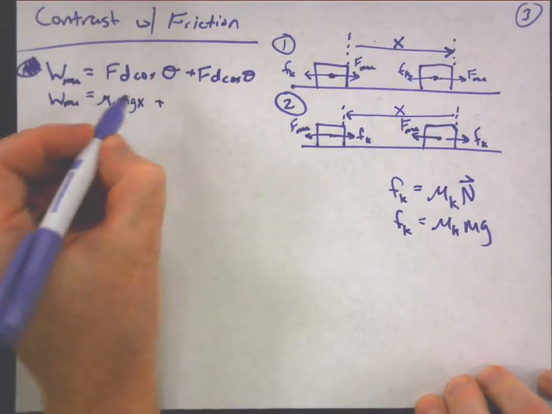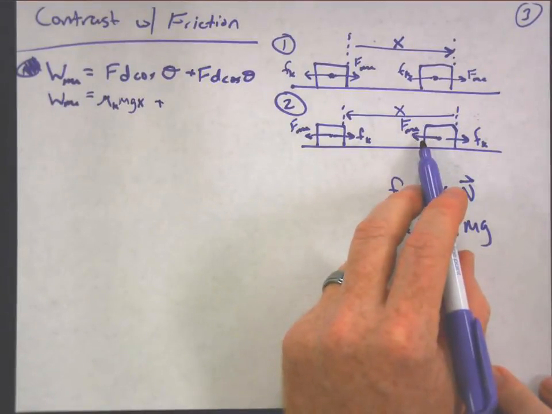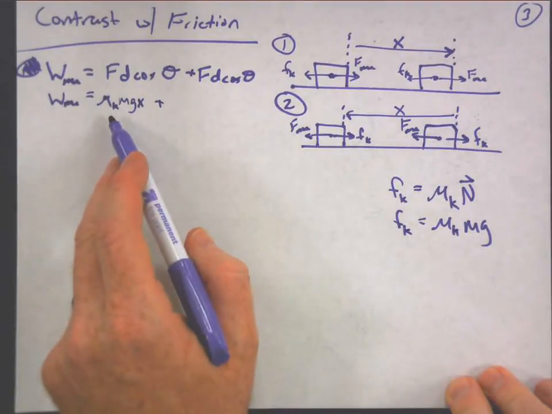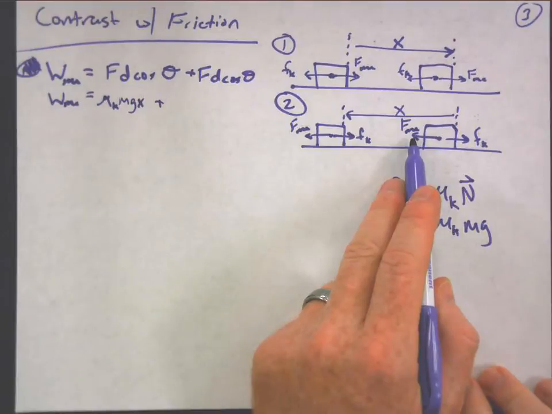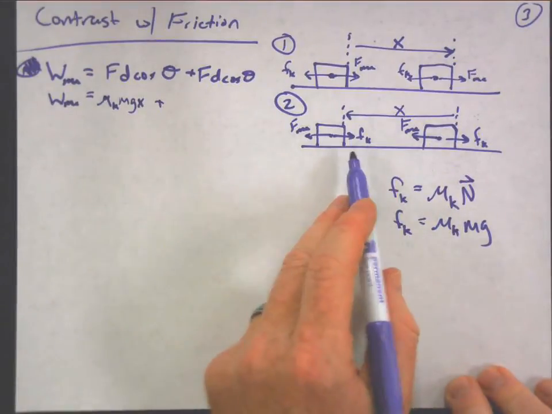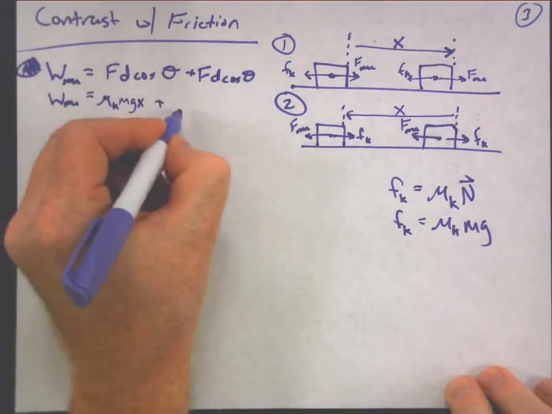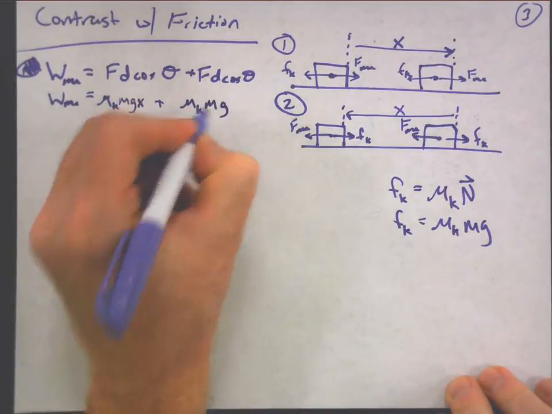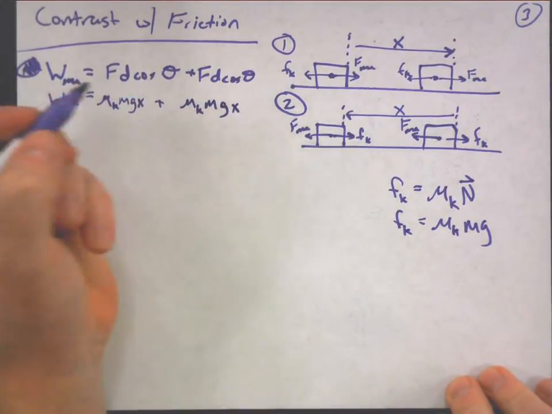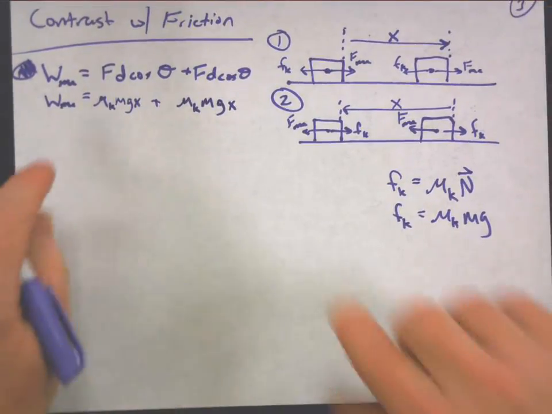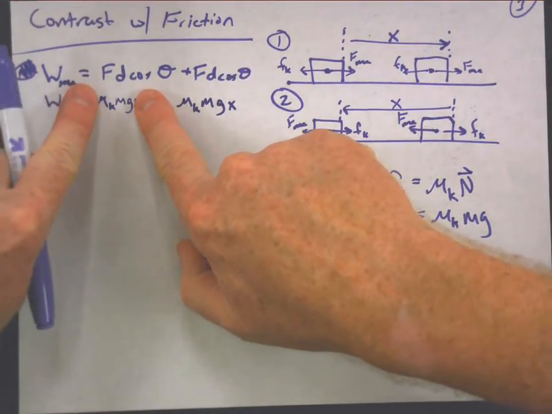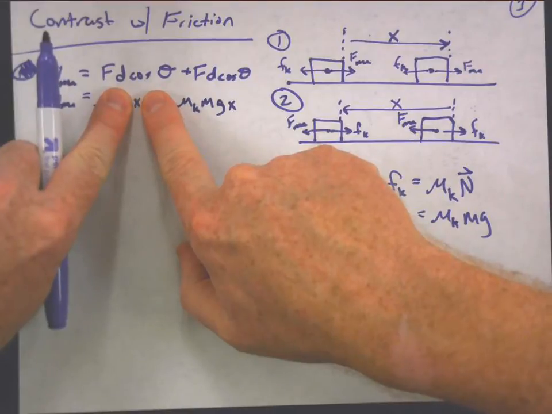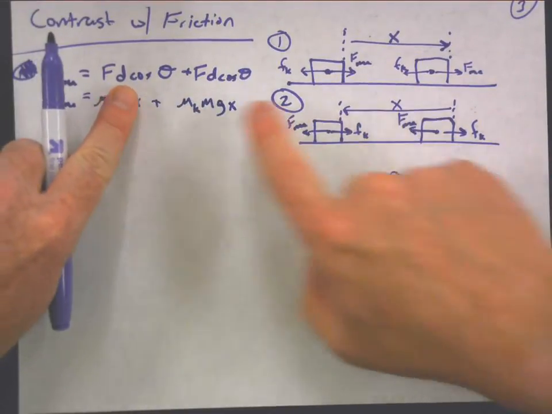And in phase 2, my force is still mu mg, and distance is still x, and they're in the same direction. So this is still mu mg times distance x. From there to there is still force, and there's my distance, and the angle is 0.